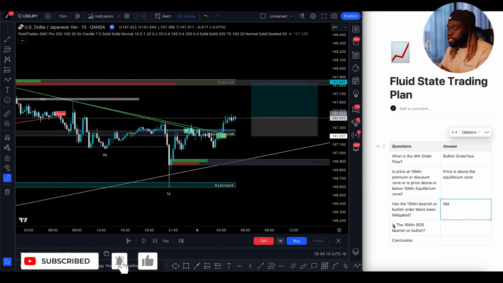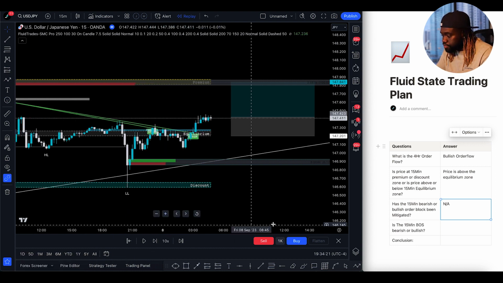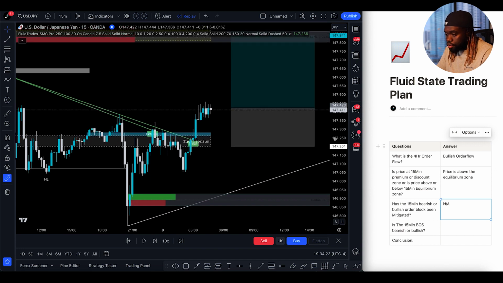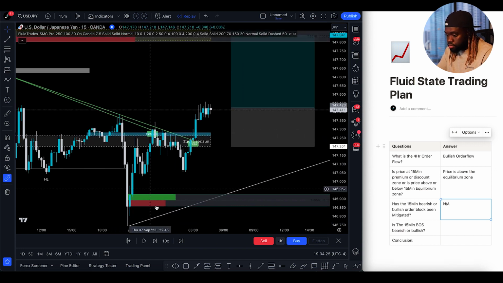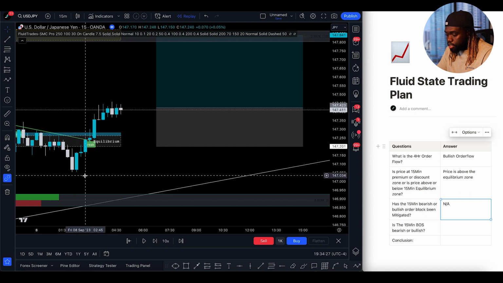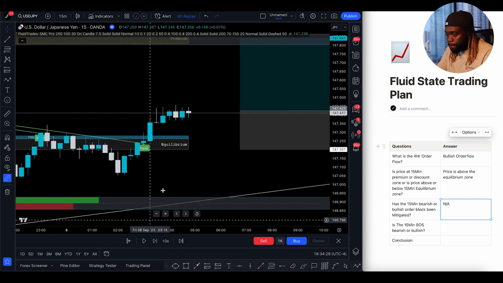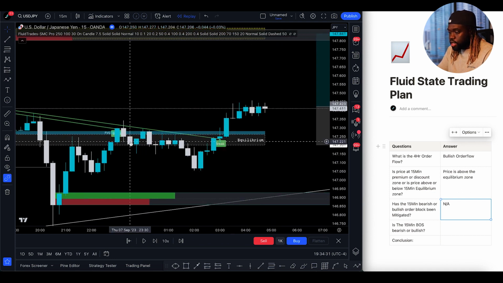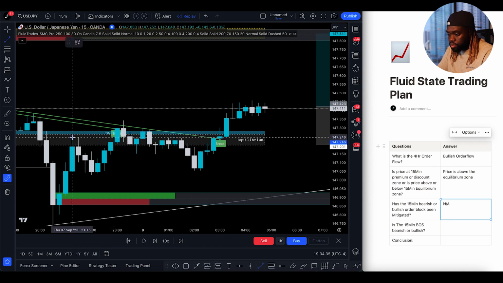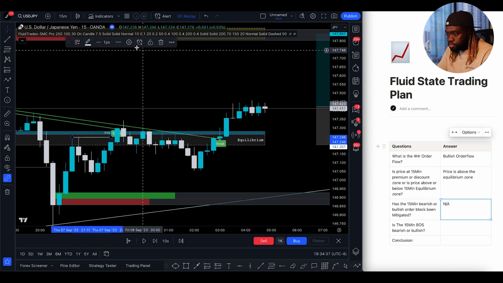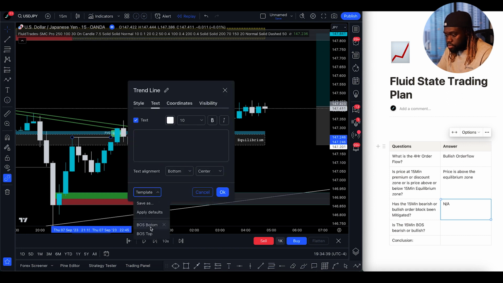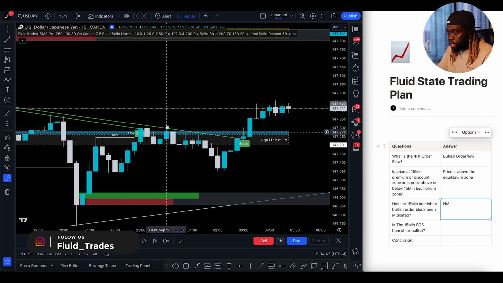Is the 15-minute breaker structure bearish or bullish? All right, let's see. All the way from the swing low, we see breaker structures right here. We see a breaker structure towards the upside right here.